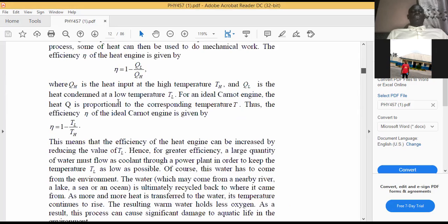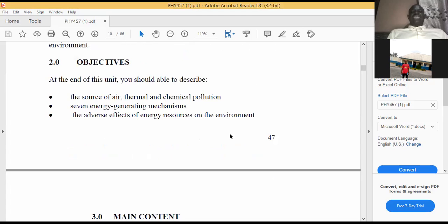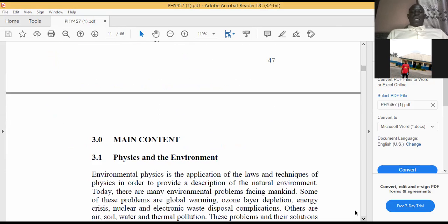We were trying to mention the sources of air, thermal, and chemical pollution. Then, the tidal power plant is one of the 7 energy generating mechanisms. Is that clear? That was what I said.